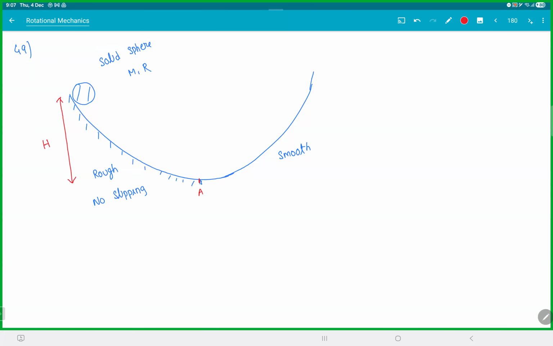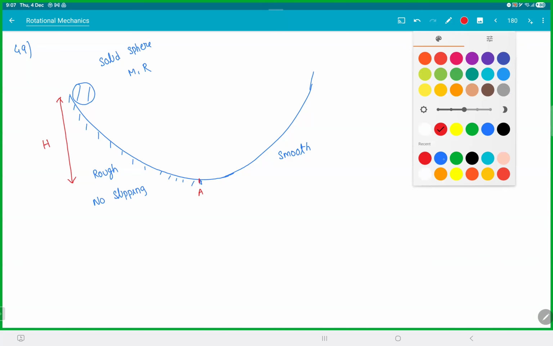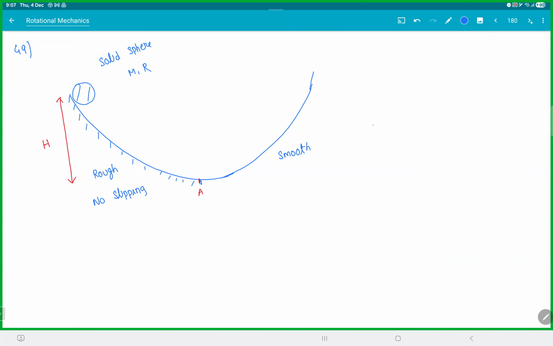A is the bottommost point. First question: find the speed of the ball when it reaches the point A. Then find the maximum height it will go on the smooth surface.